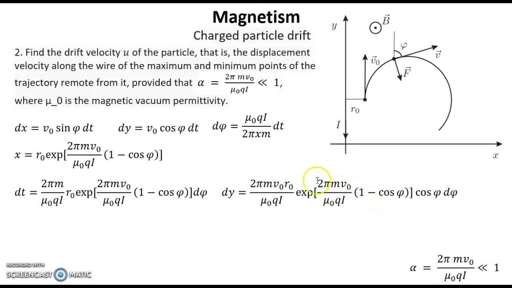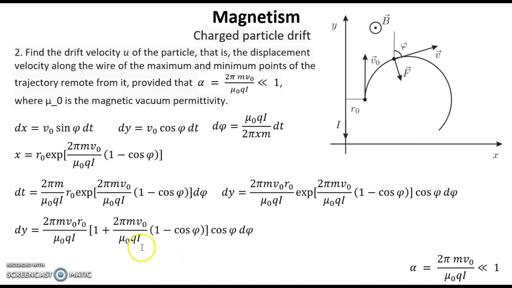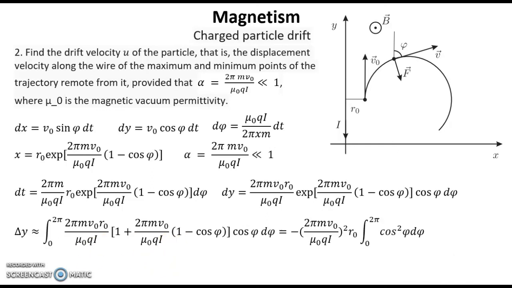It means that this exponent we can represent as an exponent of a very small argument, which is approximately equal to 1 plus this argument. And we can rewrite this expression like this. Now we can integrate both parts. So we have approximately this expression.